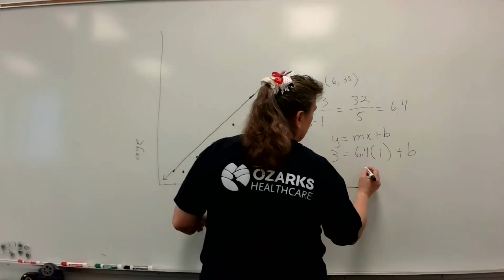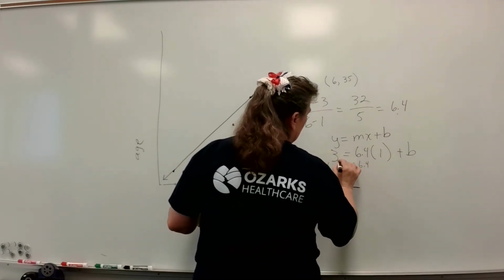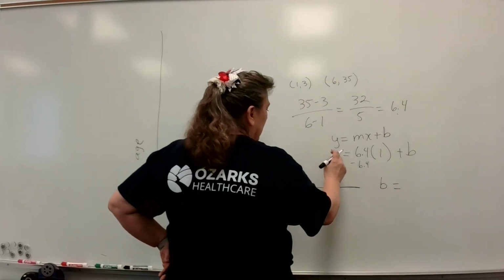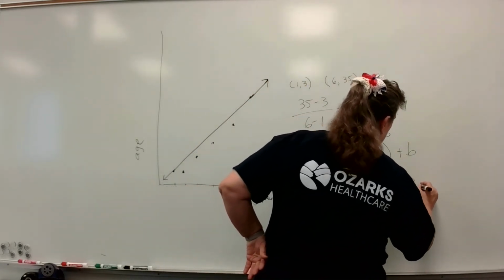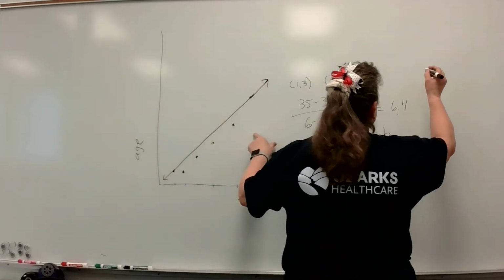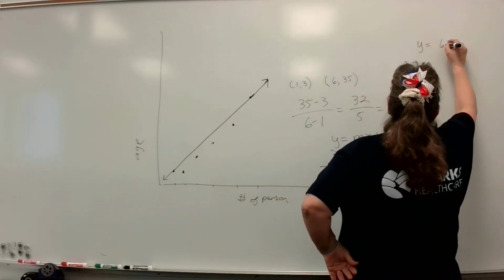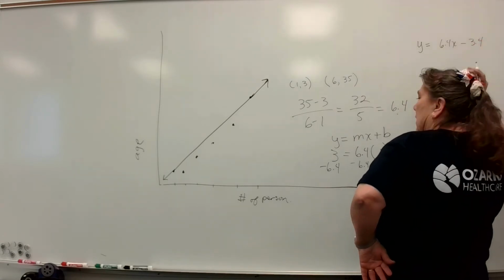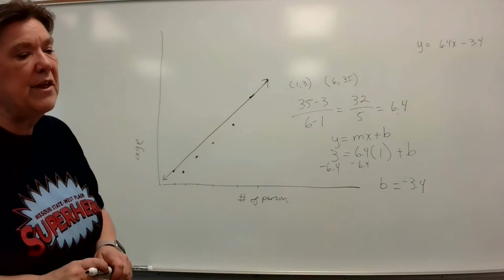So this is going to be subtract my 6.4 from both sides, and I'm going to have b equal 6.4 minus 3, or negative 3.4. Therefore, my equation for this line will be y equals 6.4x minus 3.4. Okay? That's one possibility. And you will do that for that equation.